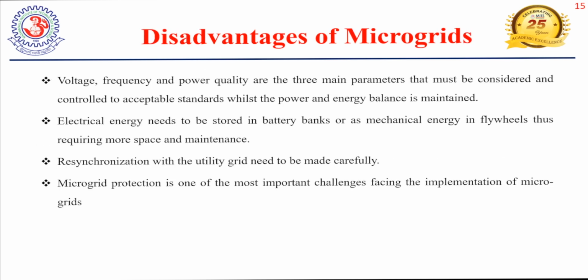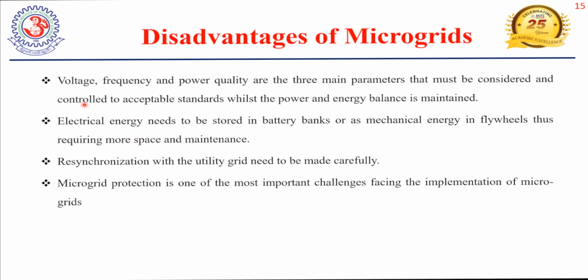Now the disadvantages of microgrid, and you also have to know the challenges in the microgrid. Why? Because up to now you only listened to the advantages and benefits of the microgrid, and all these things are very good, but some challenges and disadvantages are there in the microgrid system.